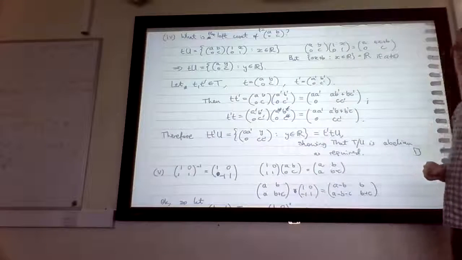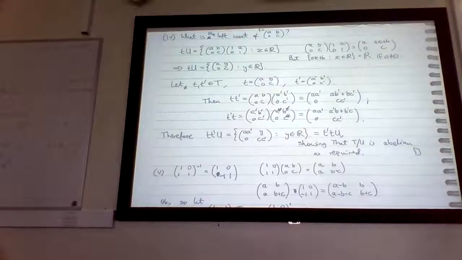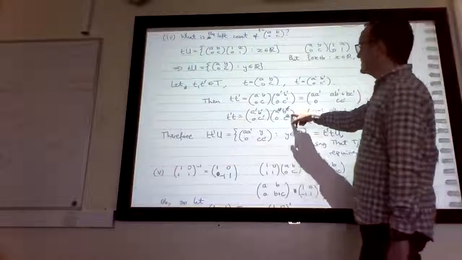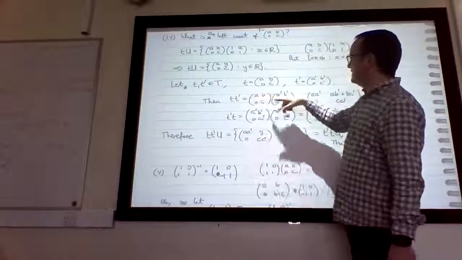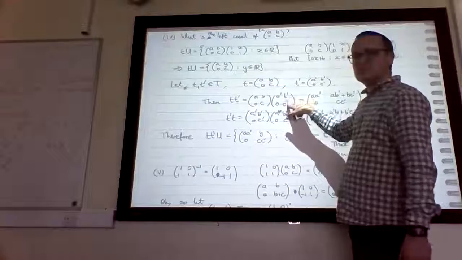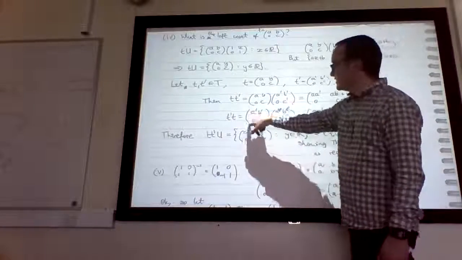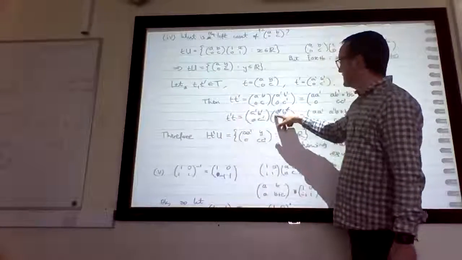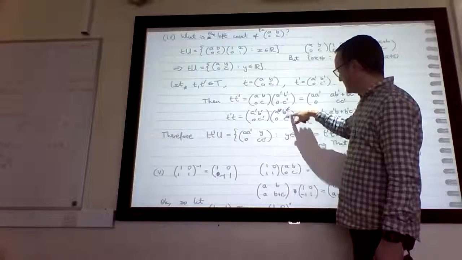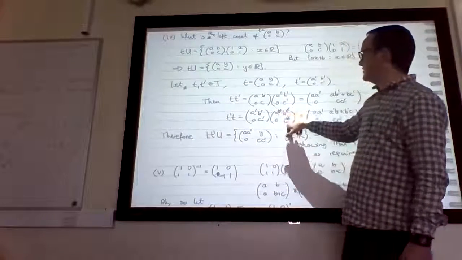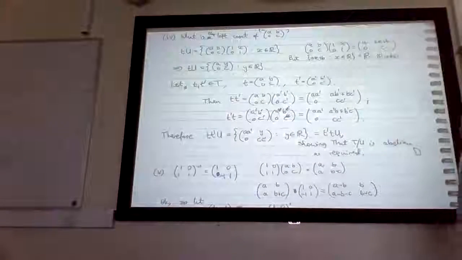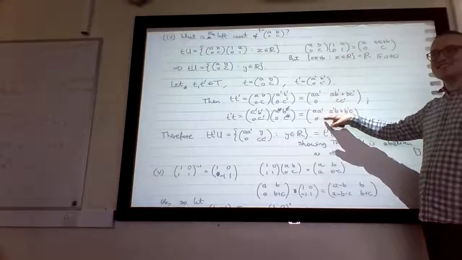So the first one is TT prime. So ABC, which is T, and T prime, which is A prime, B prime, C prime. Okay, and then if you do it like that the other way around, he's corrected himself here. This is just unadorned A, unadorned B, unadorned C. A nice word, isn't it?